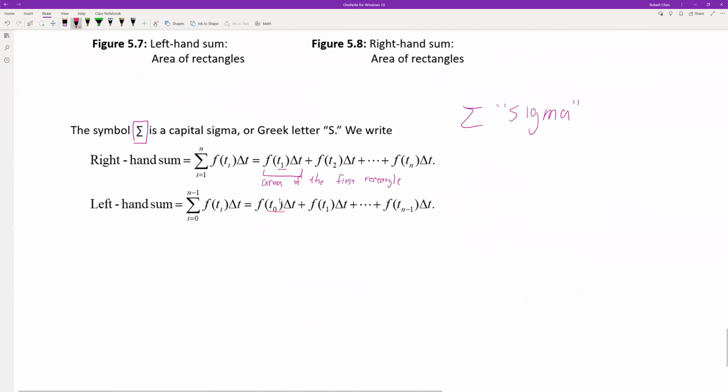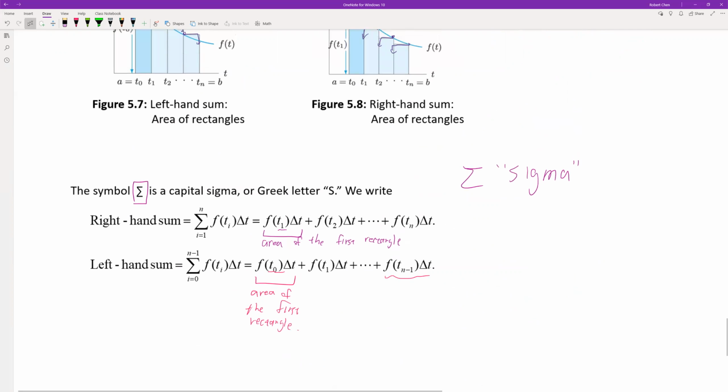So f of t0 times delta t is the area of the first rectangle, and so on, up to the last one, which is f of t minus 1, the height of the last rectangle. That's the formula.